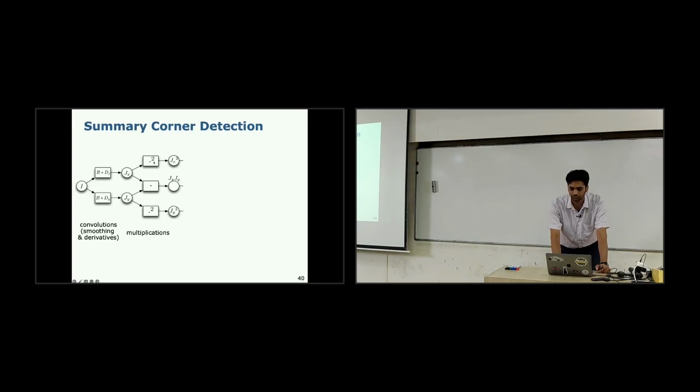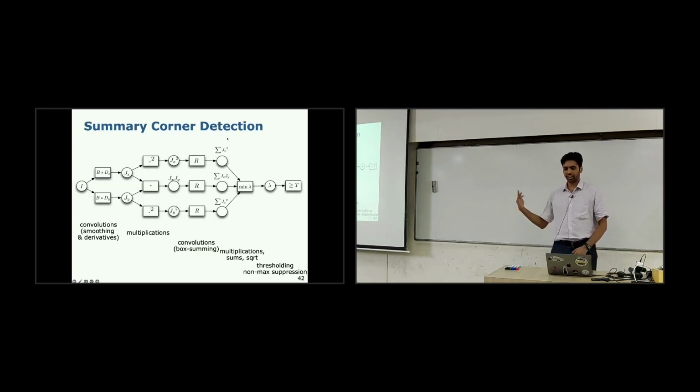Then you do the squares. If you remember, our formulas had squares in the structure matrix. You do this for Jx squared, Jy squared, and also JxJy. And then you'll just sum those up. So this is to sum up the values in that window.